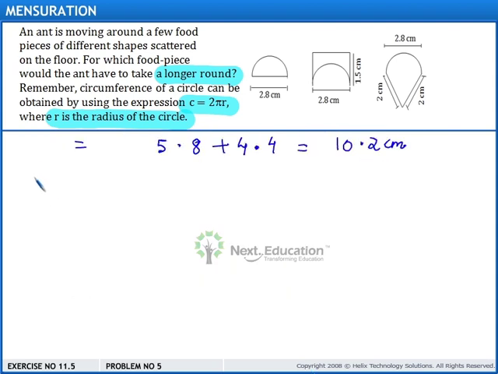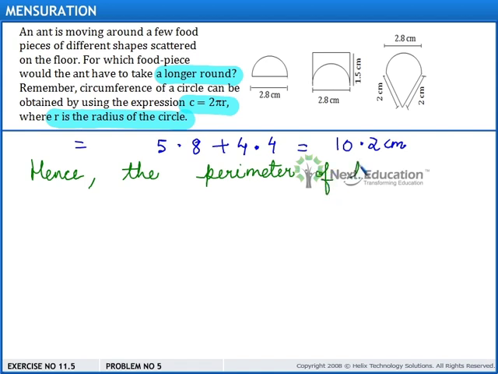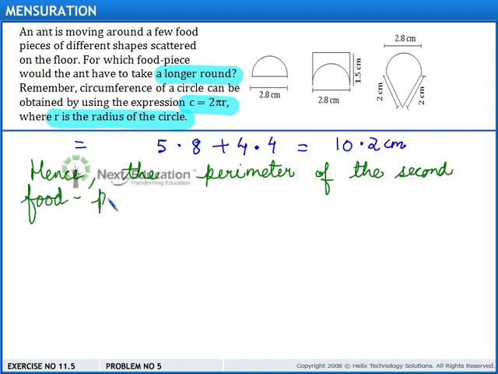Hence, the perimeter of the second footpiece is 10.2 centimeters.